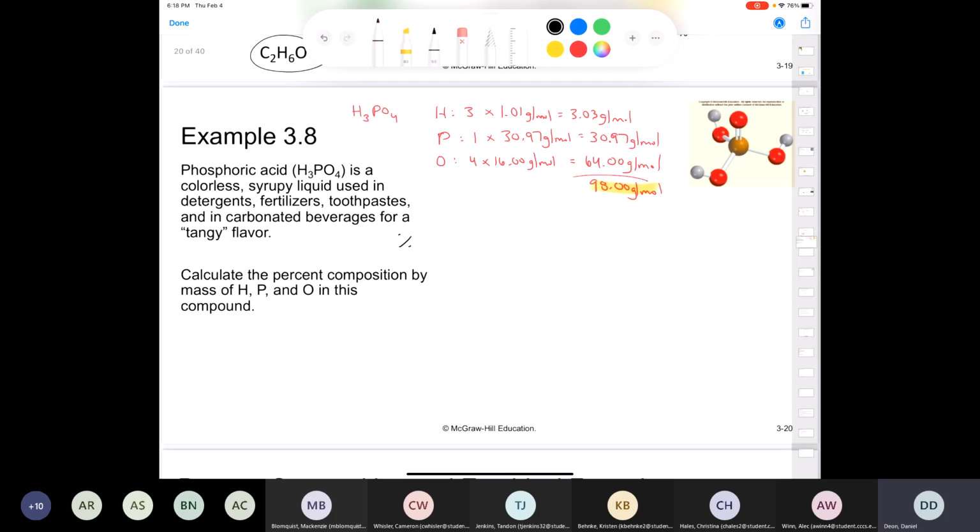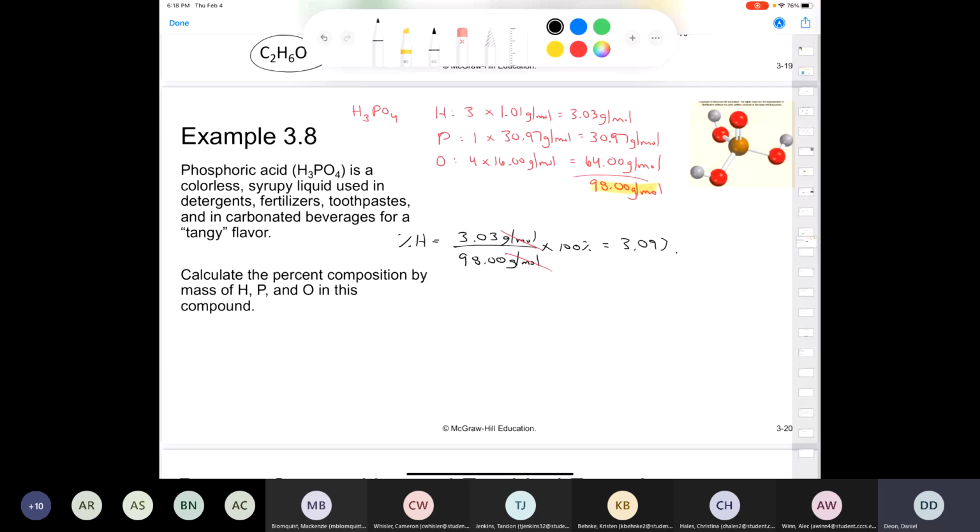So if we want the percent of hydrogen, it equals the total mass of hydrogen, which is 3.03 grams per mole, divided by the total mass, which is 98.00 grams per mole, multiplied by 100%. You can see that the units of grams per mole cancel, and I'm left with 3.09%.